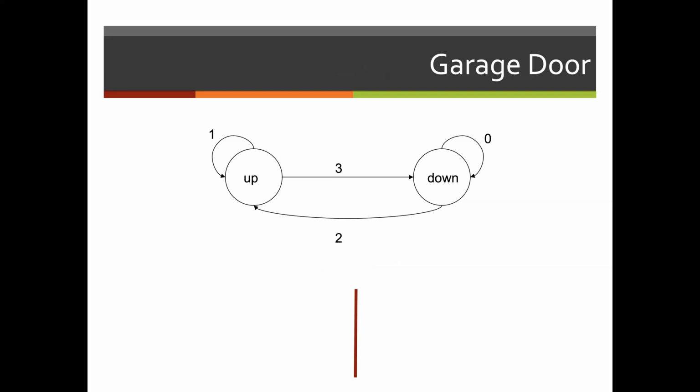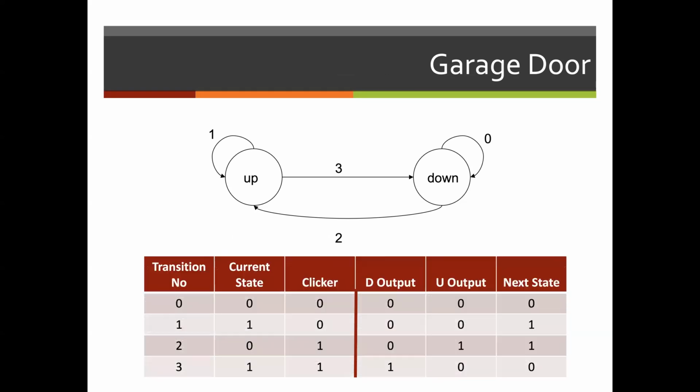So here let's represent the data path based on an appropriate garage door scenario. In essence, we all know that a garage door is likely to have two states, an up state and a down state. In an up state, we can assume that the garage door is open.